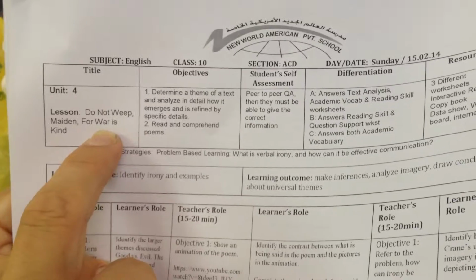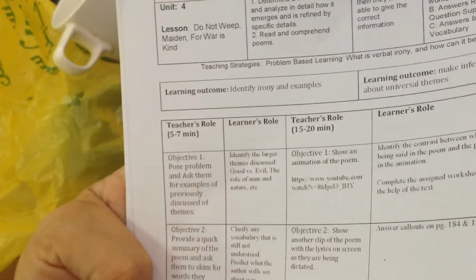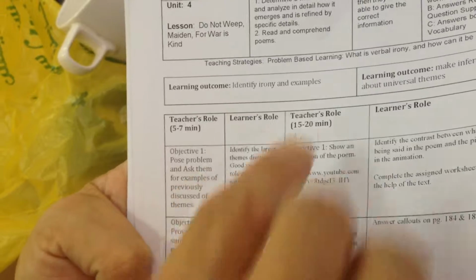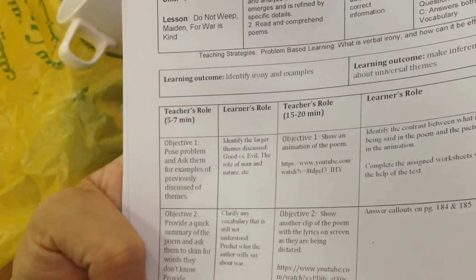In these cases, is war really kind? Now, then we go from here. So then these are the lesson. This is the lesson introduction. Okay, so for the first 5 to 7 minutes, I'm referencing the objectives and I'm sort of laying out what the goal of the lesson is.